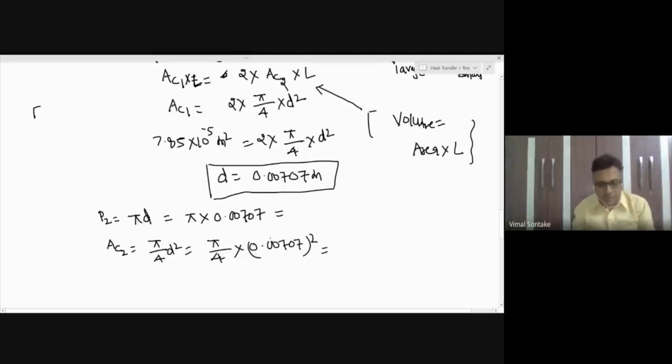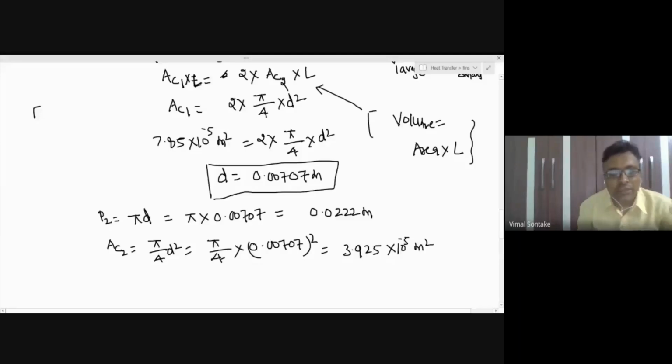So let me calculate for you. So the perimeter comes out 0.0222 meter and cross-sectional area comes out 3.925 into 10 to power minus 5 meter square.